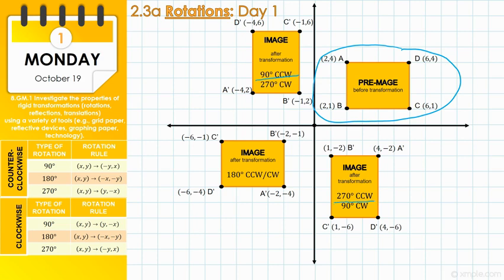Opposite, when we look at 270 counterclockwise, is the same as 90 degrees clockwise. Remember that 180 degrees is the same, be it clockwise or counterclockwise. So we simply refer to it as a 180-degree rotation.